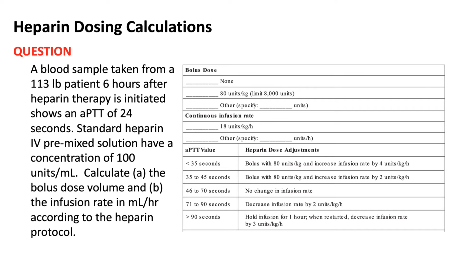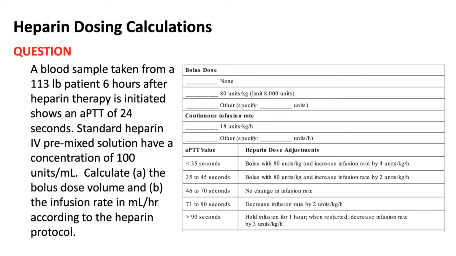Essentially, given the information we have, we want to correctly use the heparin dosing protocol. So let's look at the protocol. This patient has already gotten an initial heparin dose. The first line says bolus dose, and below that a couple of lines say continuous infusion rate. This patient has already been started on that.